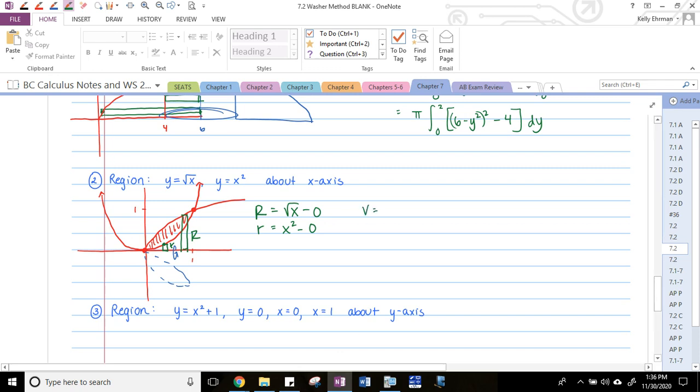Okay, and then the volume is pi times the integral from 0 to 1 of, if we put these together into 1, big R squared minus little r squared dx. Now, of course, you could simplify that. Yes, that is just x minus x to the 4th. Totally fine. I'm just doing this for the notes.